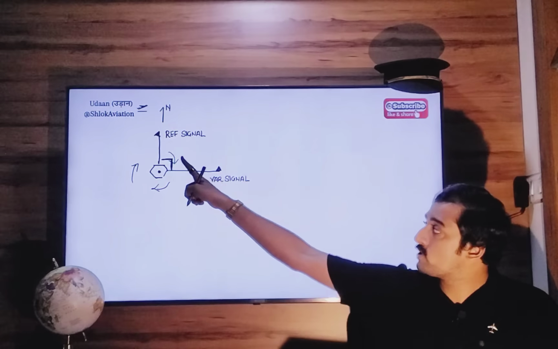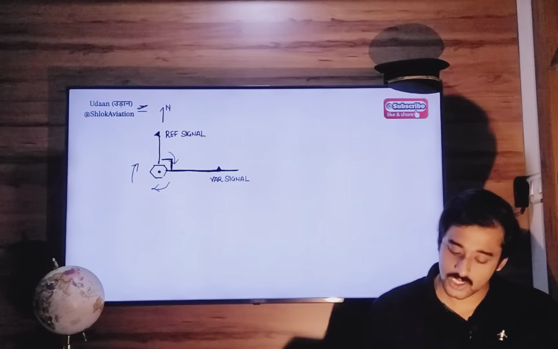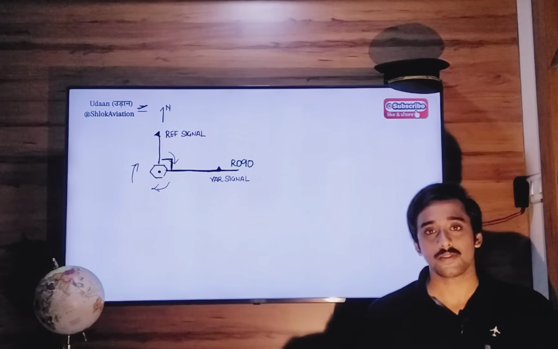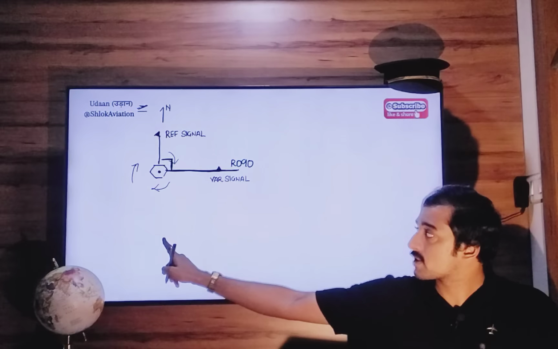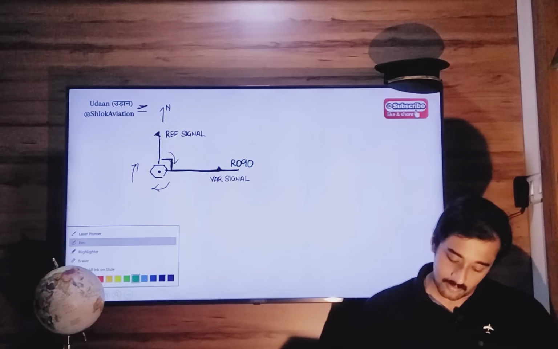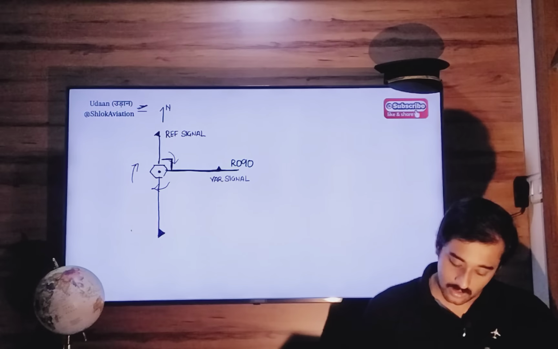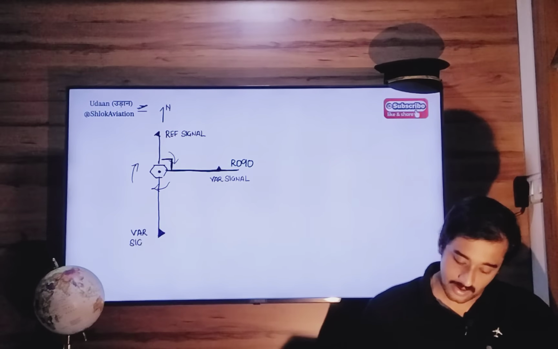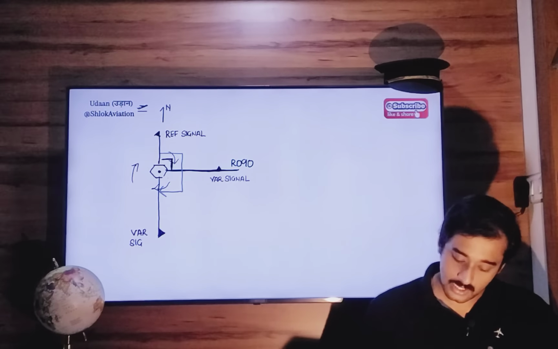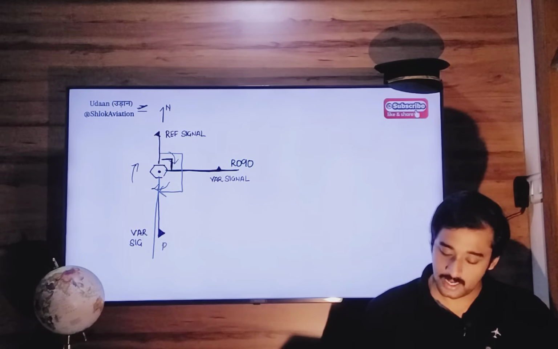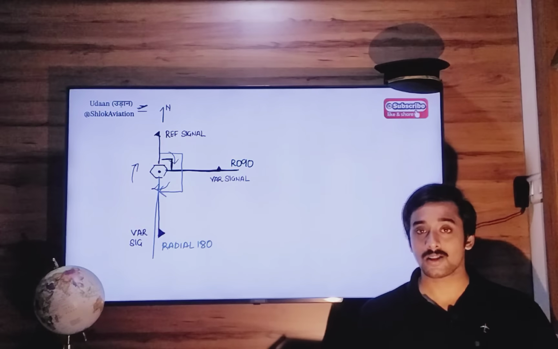So if the angle between reference and variable signal is 90 degrees, that means this particular direction becomes radial 090. When this variable signal continues rotating and reaches a point where the angle between reference signal and variable signal is 180 degrees, that particular direction will be called radial 180. So this is for conventional VOR.